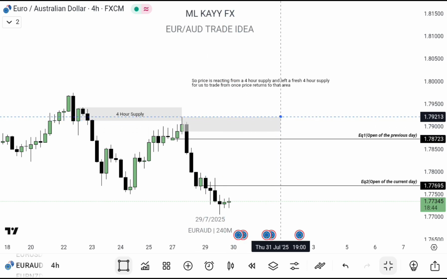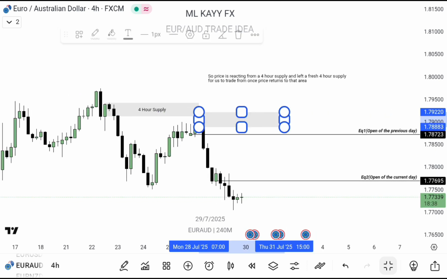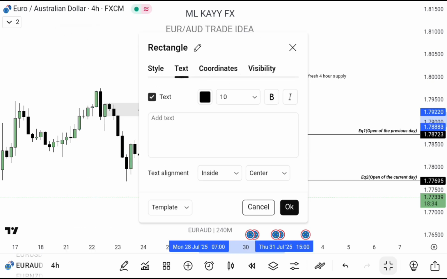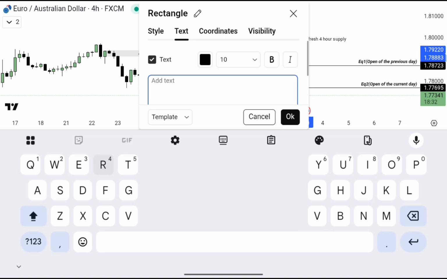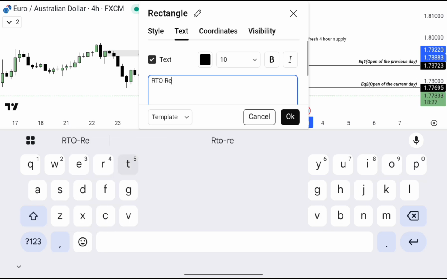of which it's a fresh zone that price created after it reacted to that 4-hour supply. So meaning we'd be looking to take sell positions once price retraces back to that supply zone.